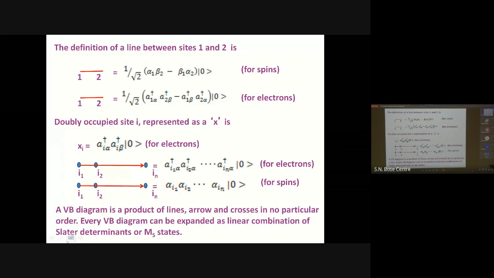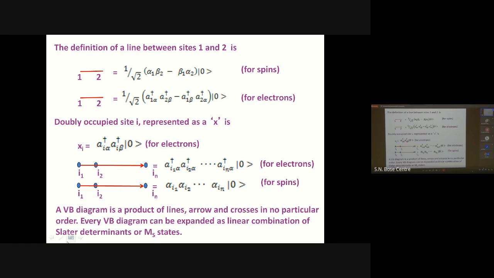So I have shown you here what we mean by a line between 1 and 2. If it is a singlet pair, it is alpha 1 beta 2 minus beta 1 alpha 2. If it is electrons, then you can write down creation operators and show it the same way. And if they are doubly occupied sites, then you just say, by a cross, which is at the same site, you have both alpha and beta spins.